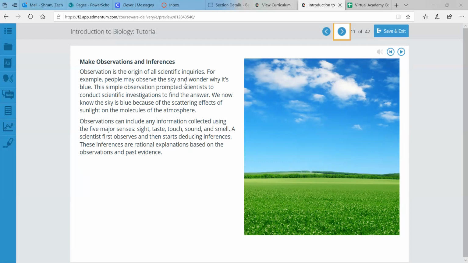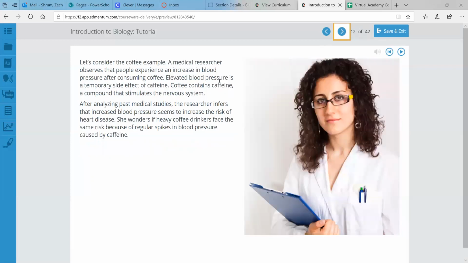Okay? So sunlight enters our atmosphere. These molecules scatter the light. And when light is scattered, it appears blue to our eyes. Okay? So curiosity, big part of science.